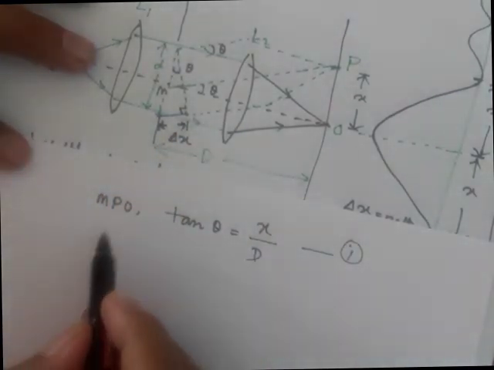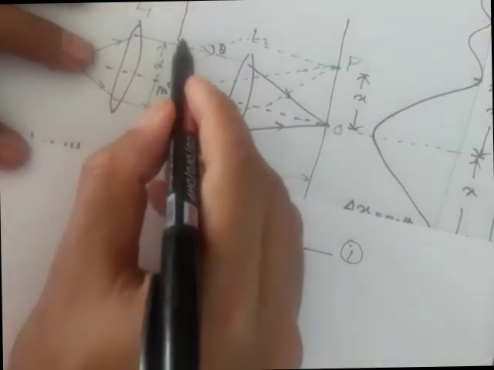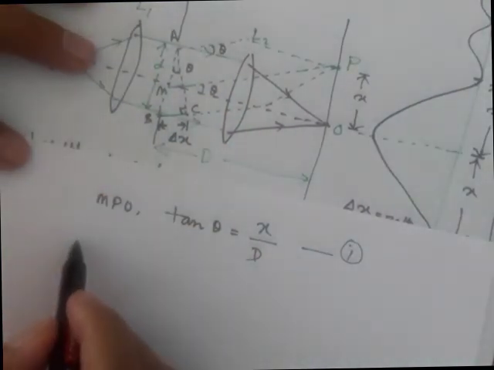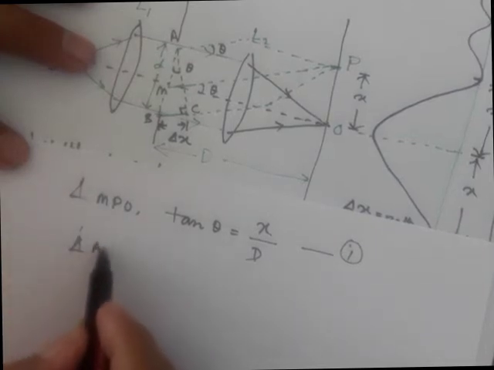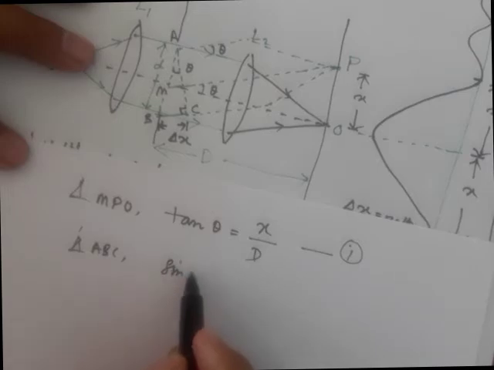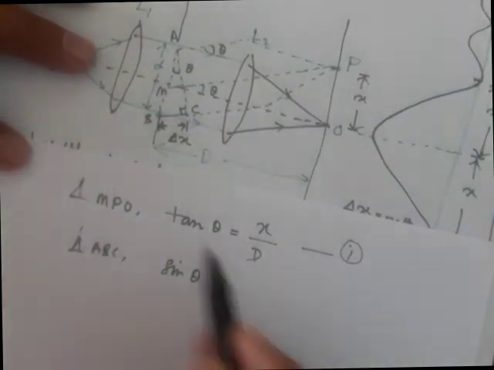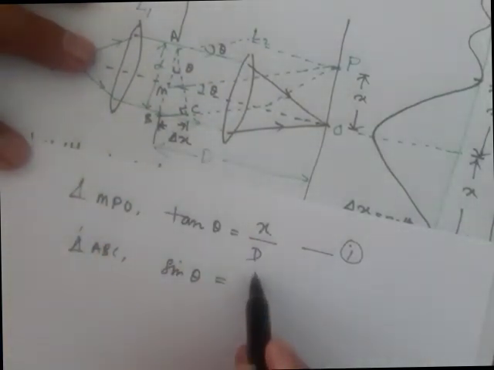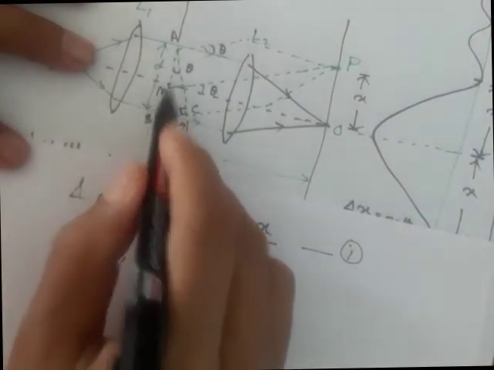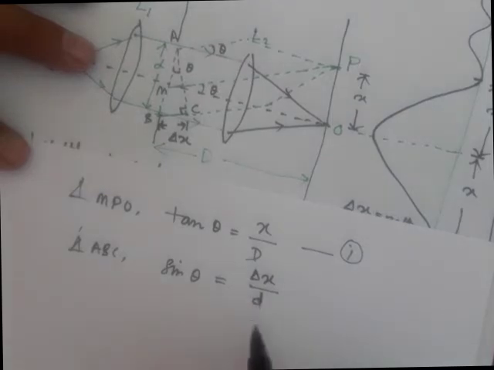Let me call this A, B, and C. In triangle ABC, sine theta is equal to the perpendicular BC, which is delta x, divided by the hypotenuse, the longest side AB, which is D. This is equation number 2.